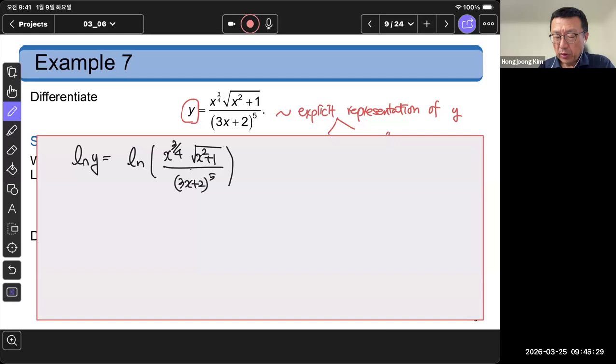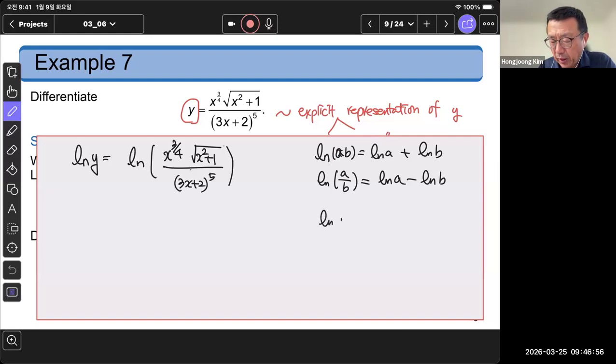Now, for the logarithmic function, I have the following formulas. Log of a times b is log a plus log b. Log of a over b is log a minus log b. Log of a to the b is b times log a. So we have those formulas.